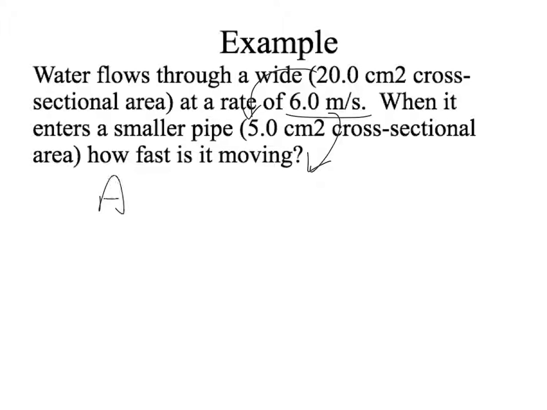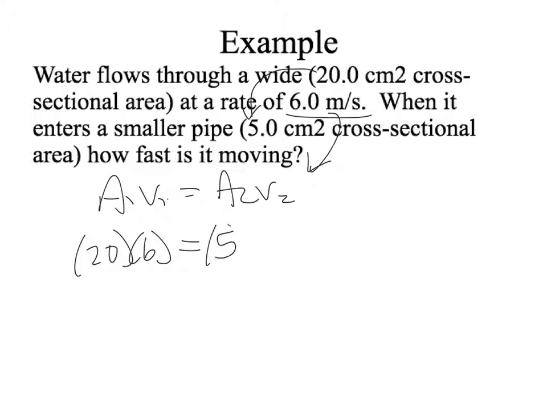So A1 V1 equals A2 V2. We're going to have 20 centimeters squared going at 6 meters per second, going to 5 centimeters squared. What we'll find here is that the velocity is 24 meters per second, 4 times the velocity, because we have decreased the area by 4.